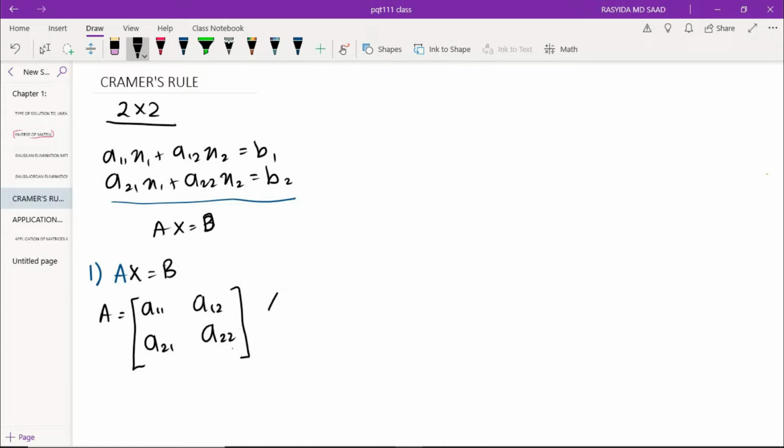And then matrix X is equal to X1, X2. And then matrix B is equal to B1 and B2.